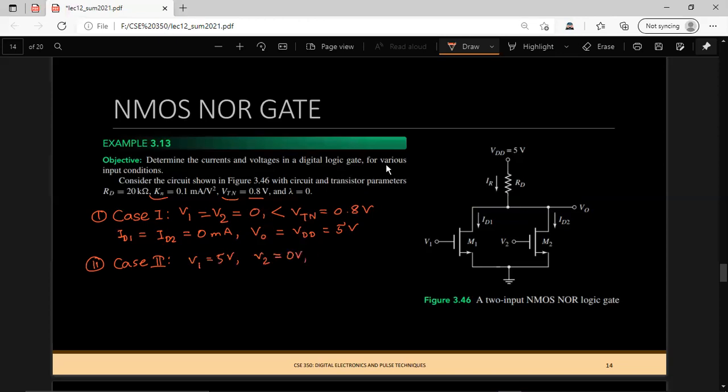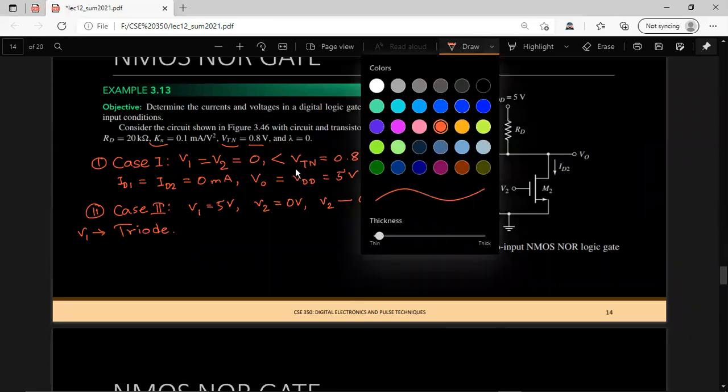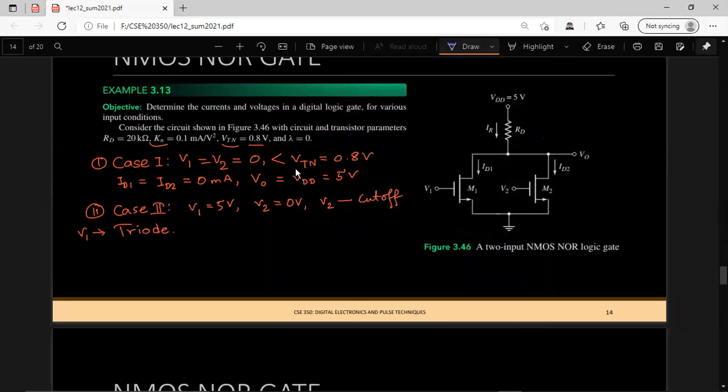and V2 is 0 volt. So therefore M2 should be in cutoff. There is no doubt about it. And M1, from our experience, we can already tell should be in triode. Because M1 is operating in triode region, we can use the formulas for the triode region, and we just consider this part inactive.